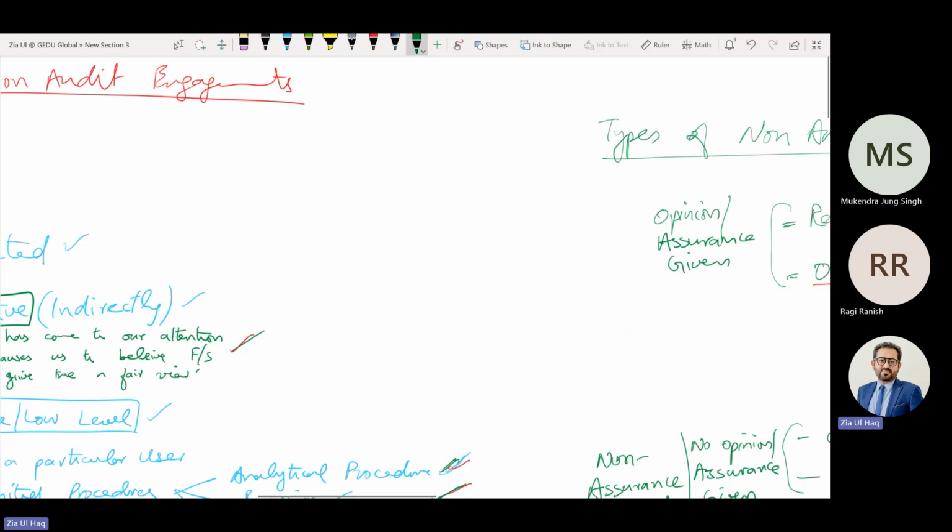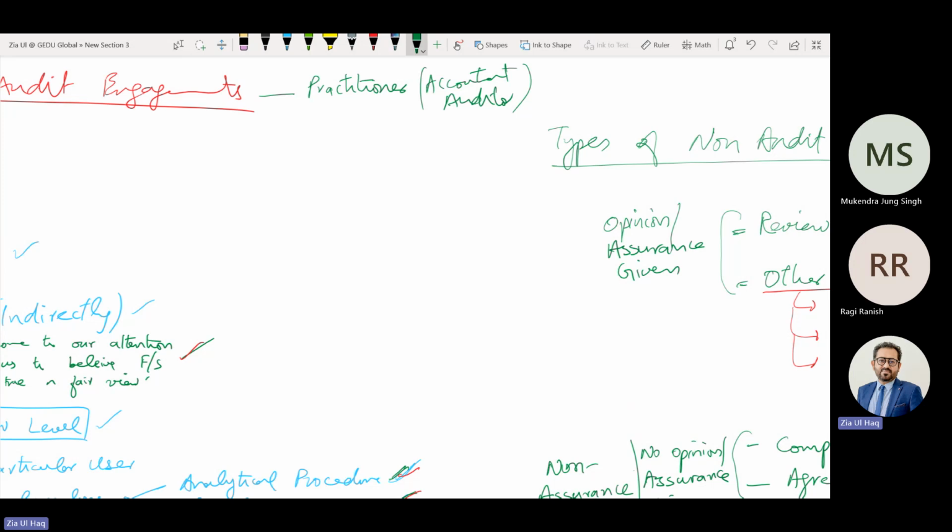Non-audit engagements can be performed by any practitioner. Practitioner means accountant or auditor. Accountant means a person who knows how to perform audit work and accountancy work, but he's not a member of any professional body.